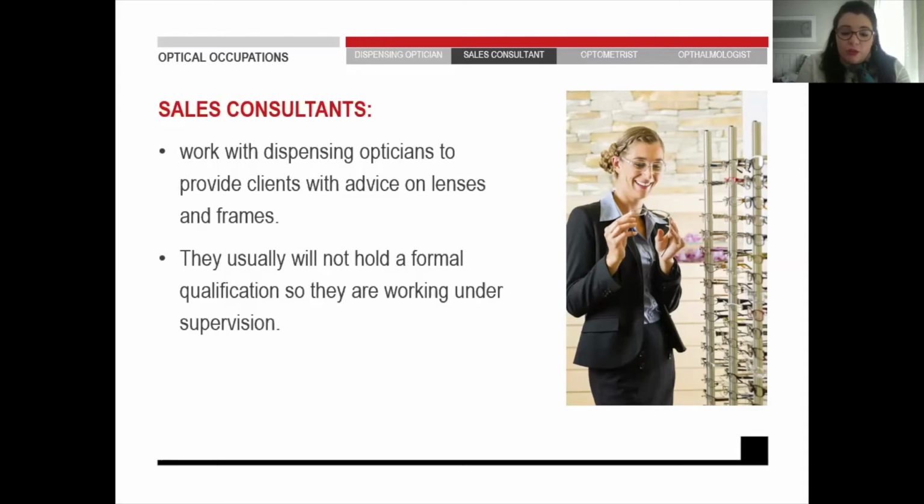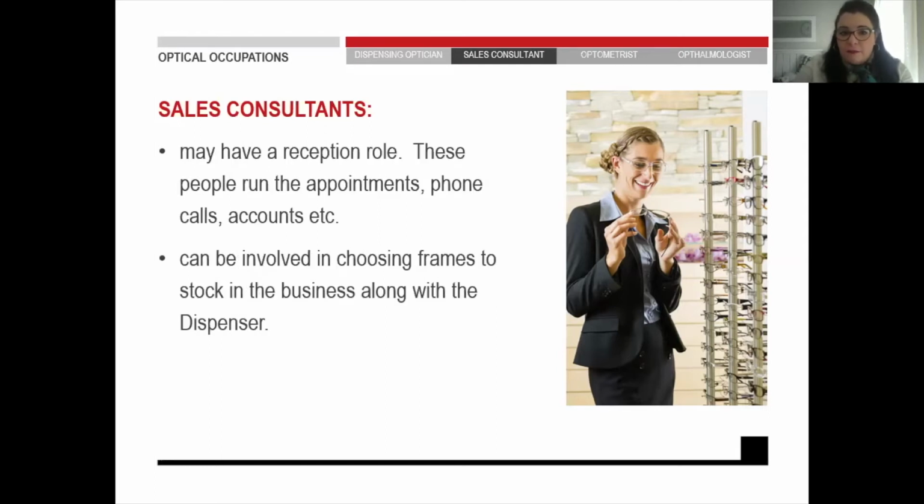You need to work out quotations, answer the phone, and make appointments. You need to deal with the medical aids. You need to communicate with the optometrist, sometimes with the ophthalmologist. So you need to know exactly how to deal with each one of these aspects.